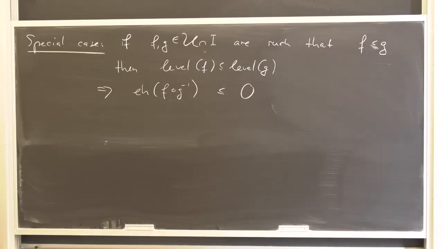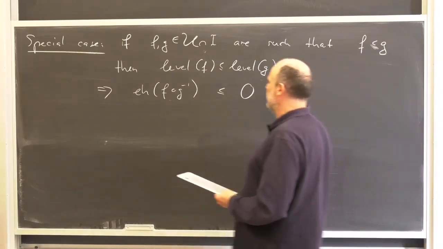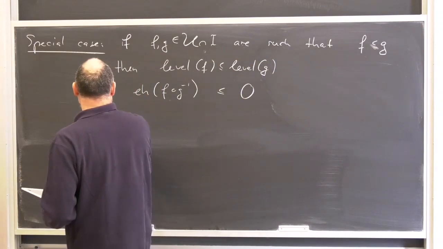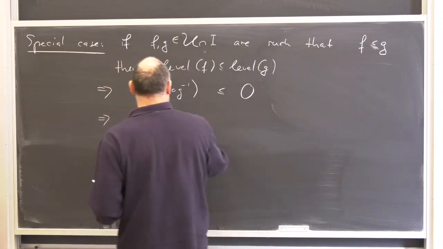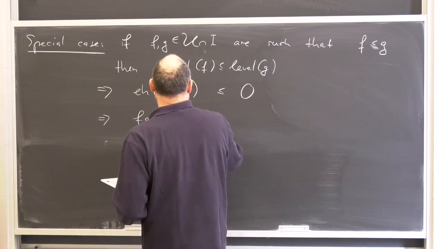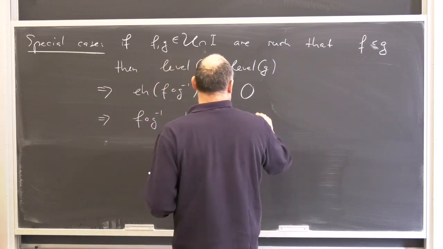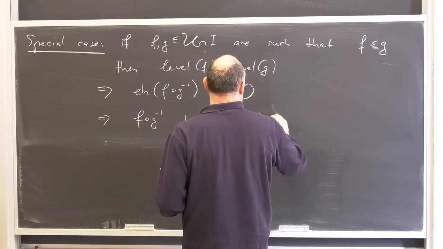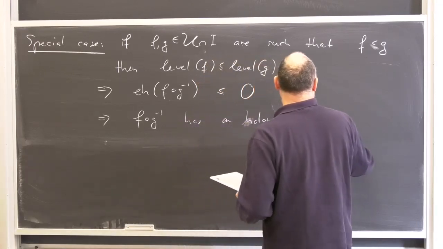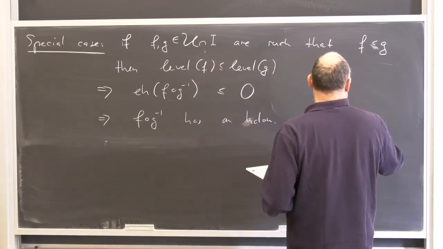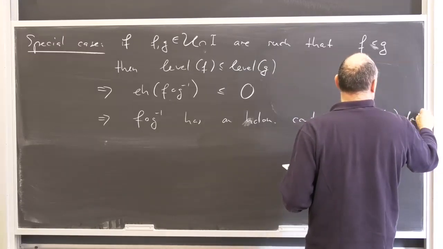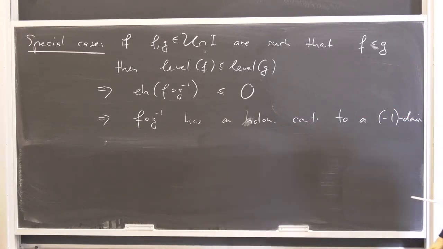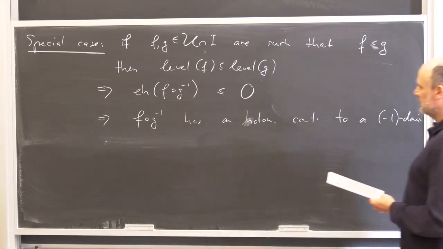Okay. So by the continuation theorem, f composed with g inverse has a holomorphic continuation to a minus 1 domain. That's much bigger than standard quadratic or anything like that. Much bigger.